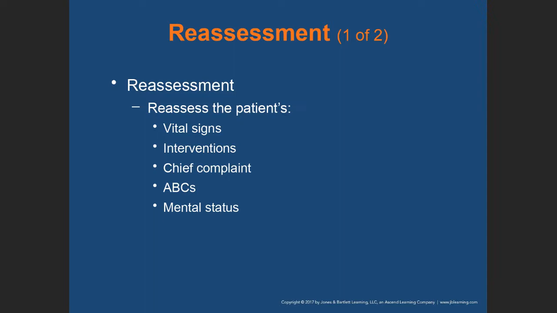During this phase, you'll also be calling into the receiving facility to give your report, and you will be documenting as well. For documentation, it is chronological method, SOAP or chart. For your radio report, it's what the patient tells you, what you observe, what you did based on observation, how the patient responded, and method of transportation.